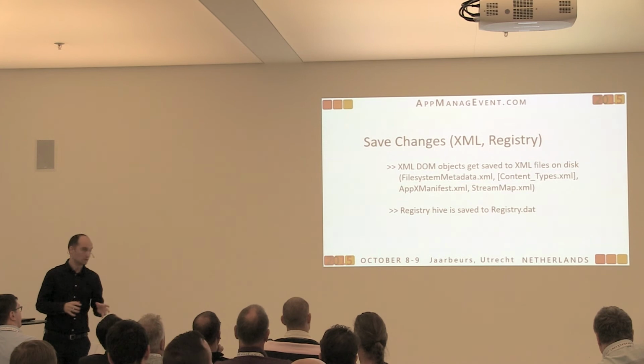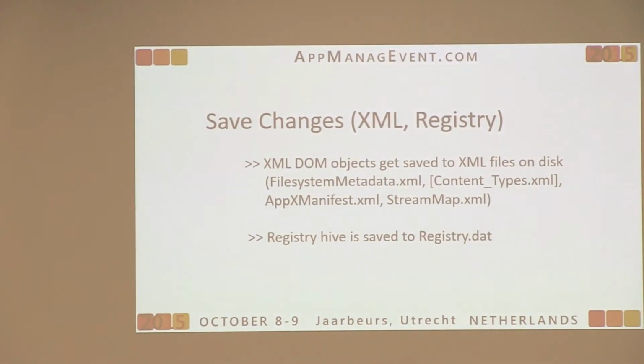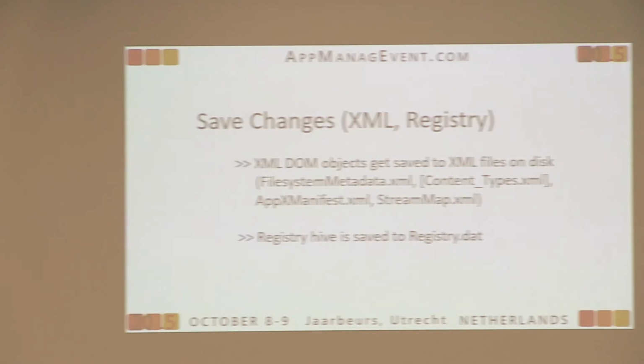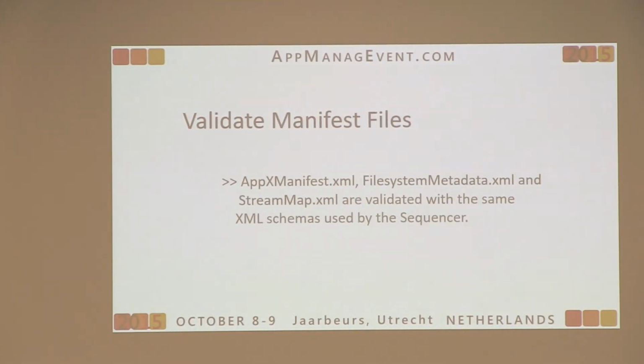The changes, as I said, are saved to XML files on disk after you finish that, and each manifest file is saved directly. Nothing very complicated on this side. After we save the packages, we apply validation following the same schemas used by the sequencer.